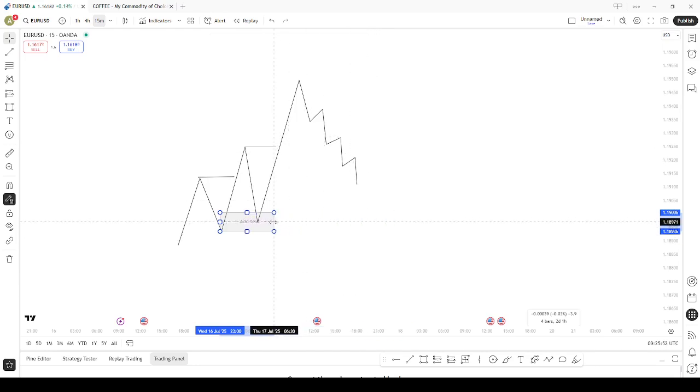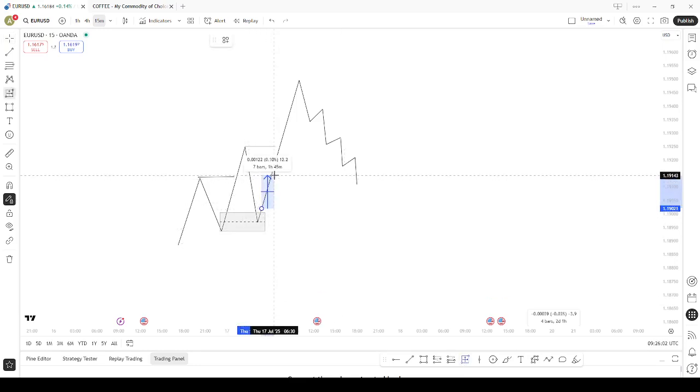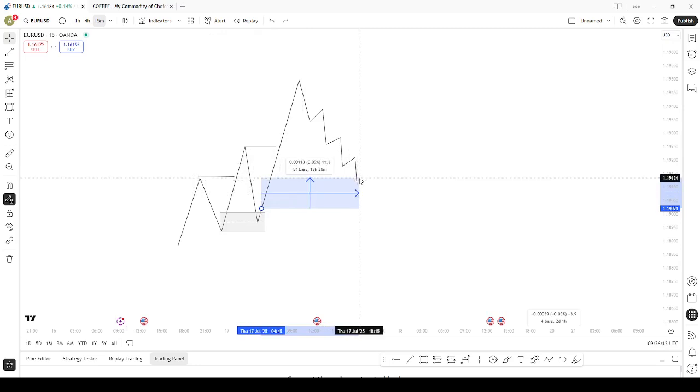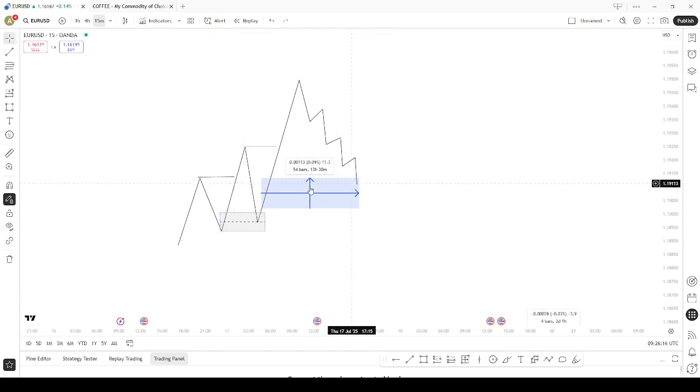So now this is where the use of imbalance, again, can be used as a point of interest. Imagine that above our zone here we had a certain imbalance. You get it? So this is our imbalance that price has approached. Now when you use an imbalance as a point of interest, you definitely have to wait for price to come back.